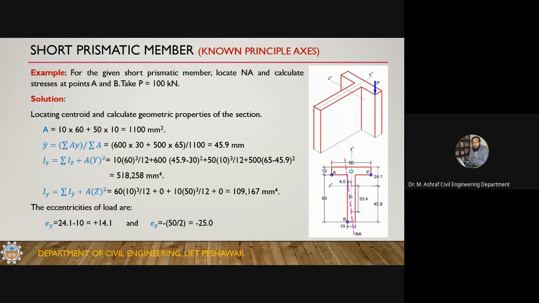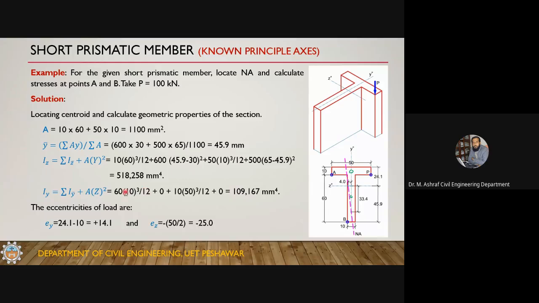The composite section centroid is this y bar, and the centroids lie on the same centroidal axis. So there should be no shift term in this case. You need just to calculate BH cube by 12, that is 60 into 10 cube by 12 for this one, and 10 into 50 cube by 12 for this one. The shift terms are 0 because there is no distance. So this is 109,167 millimeter.